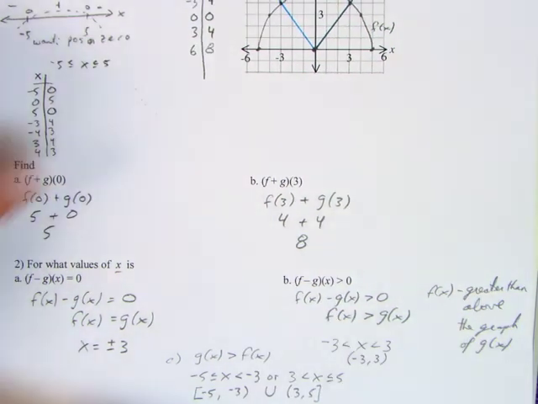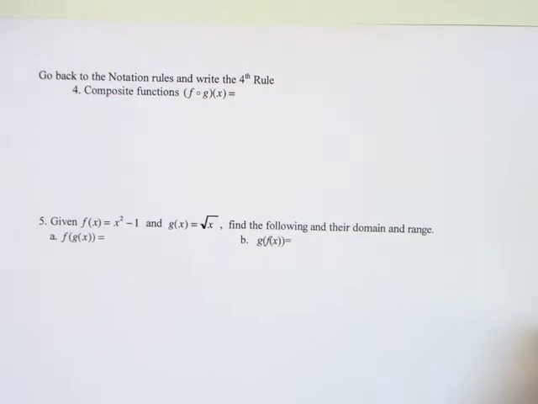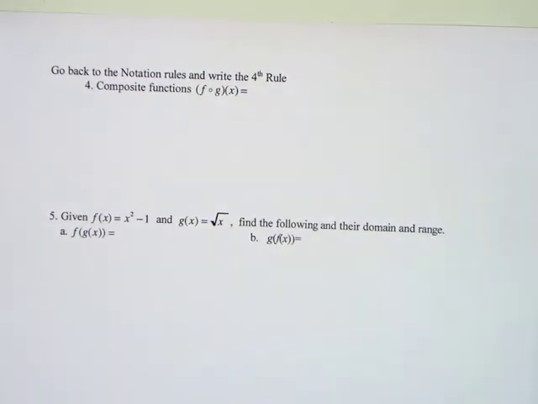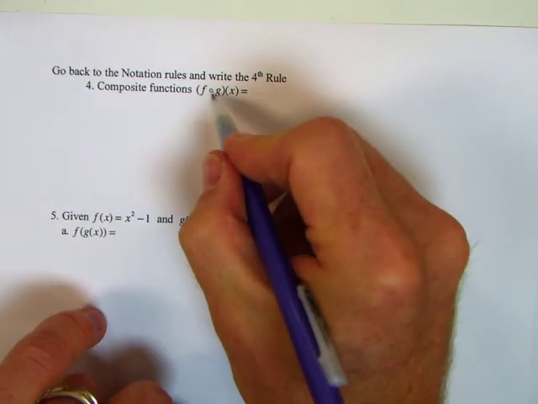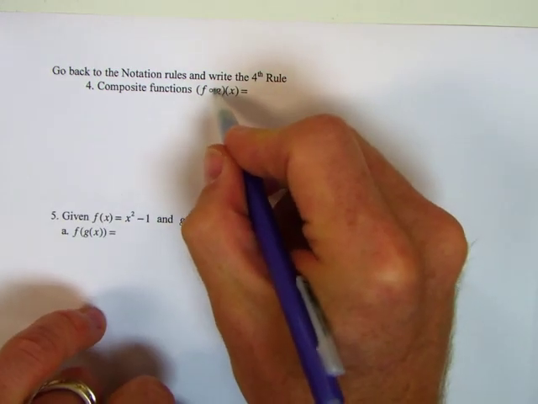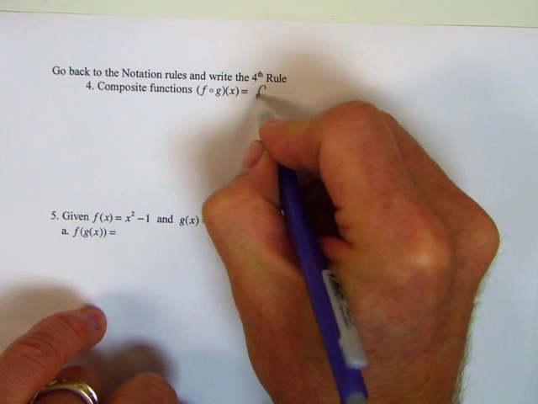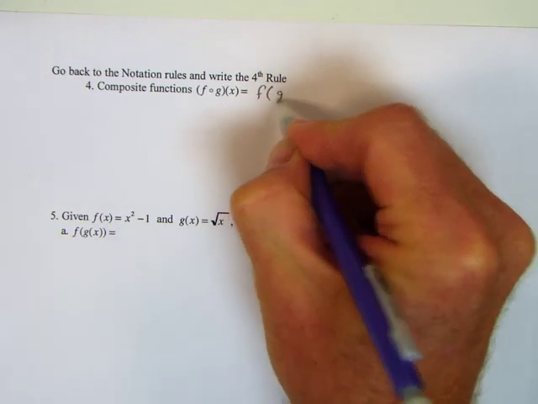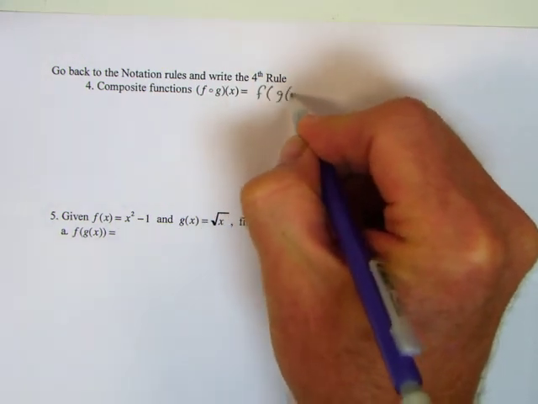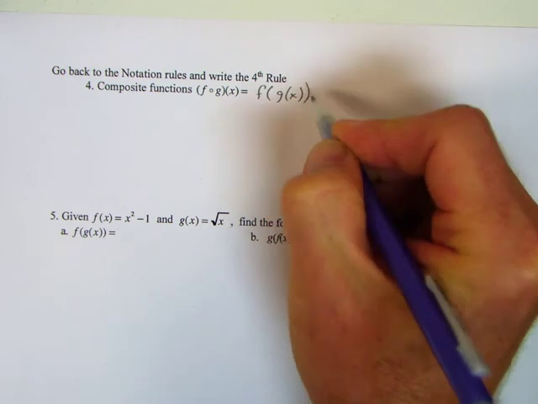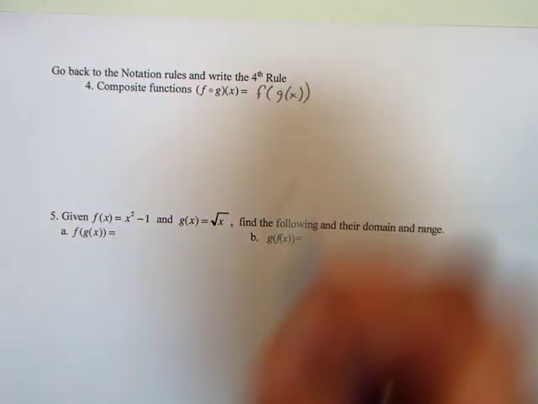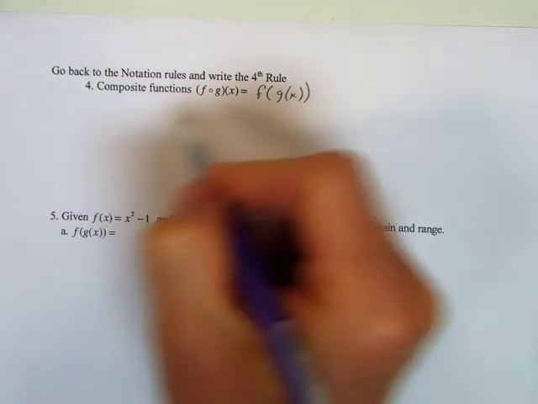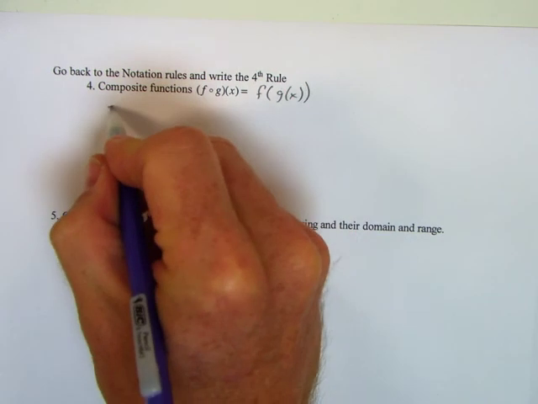What I want to do is go back to the other piece of paper and write down the composite function. Now note this is f composite with g, an open circle there. What this means is f of g of x. So there are a couple of ways to write it in terms of talking about the domain.